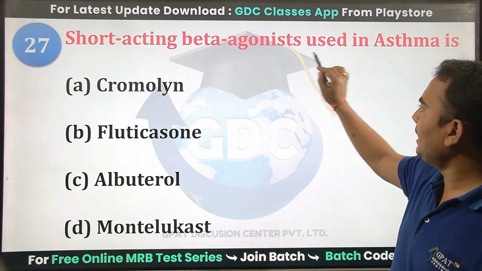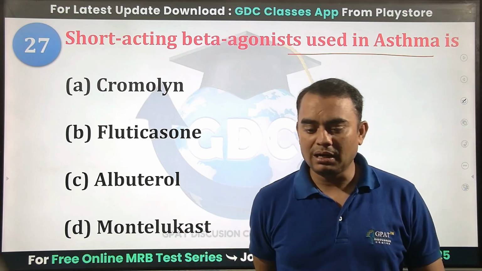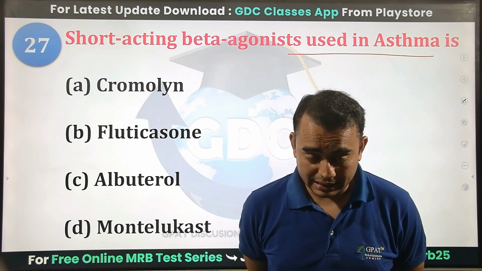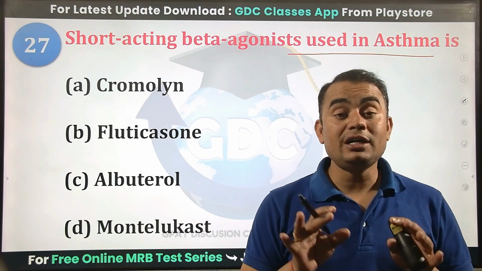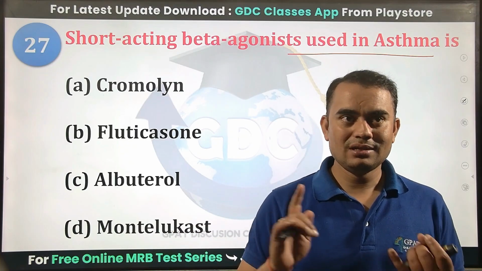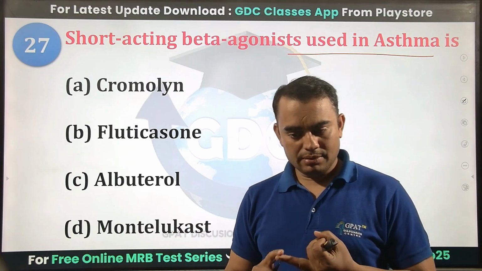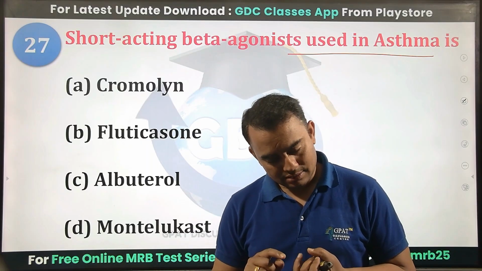Remember both drugs: zileuton, a LOX inhibitor; montelukast and zafirlukast, leukotriene receptor antagonists. Which short acting beta agonist is used in asthma? There are two types, SABA and LABA. SABA means short acting beta 2 agonist: salbutamol, terbutaline, albuterol.